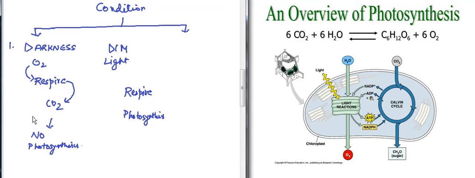So what is actually happening? Whatever oxygen is coming from photosynthesis is used up in respiration, and whatever carbon dioxide is coming through respiration is used in photosynthesis.